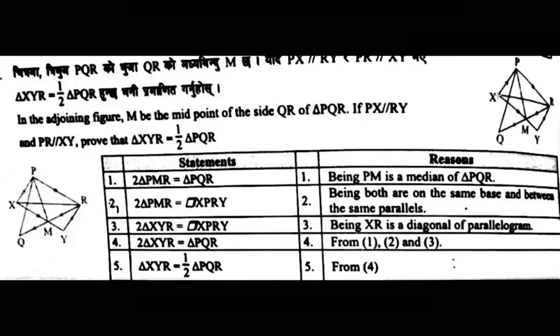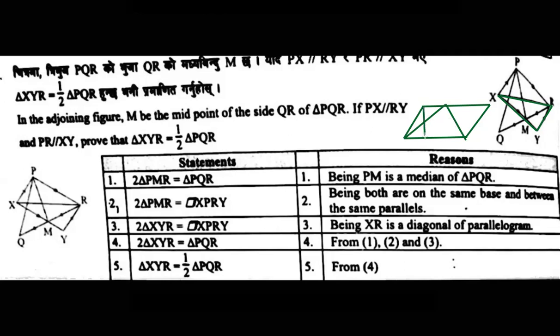Your triangles are all the same. Any triangle inside a parallelogram standing on the same base and within the same parallel lines can be said to be equal. Suppose this parallelogram is 20, then what is the value of this triangle? The triangle is half, that means it is going to be 10.